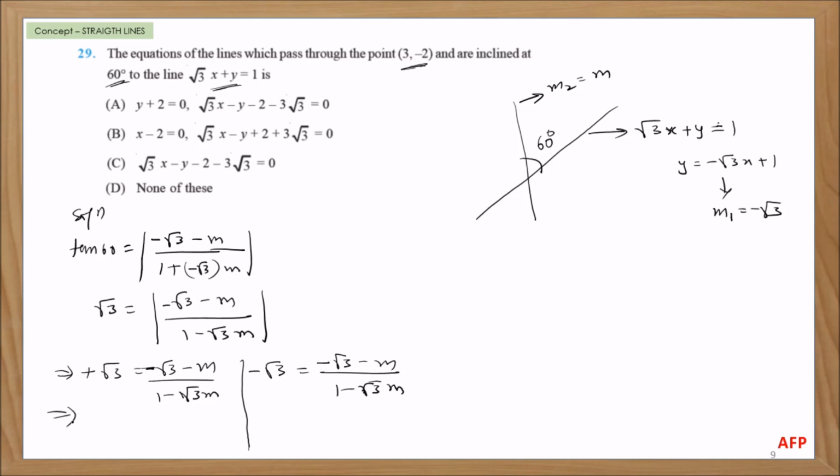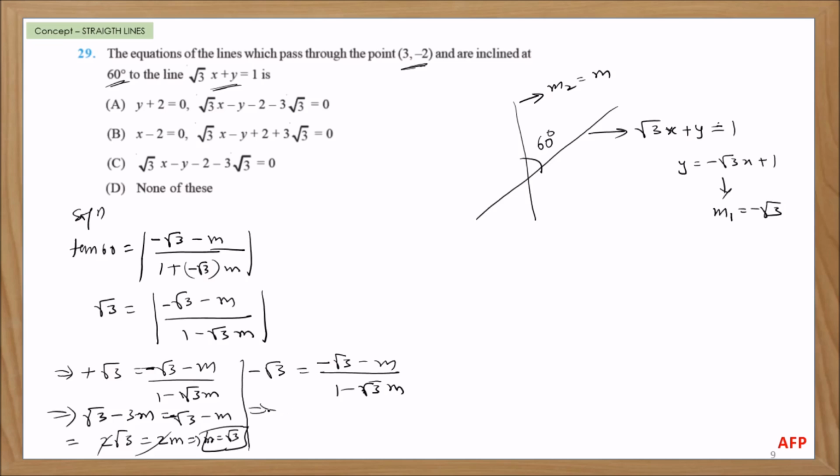So this implies, what is the m value? If you cross multiply, root 3 minus 3m is equal to m plus root 3. Send it to the other side. What you are getting? m is equal to 0, one value we got. Next one.